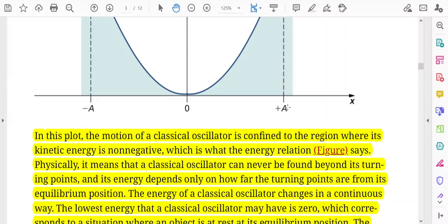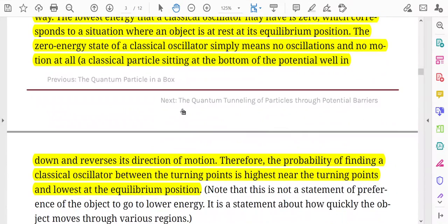So for this reason, the probability of finding the particle at the turning points is highest, and at the equilibrium position the probability of finding the object is lowest. So we have to keep in mind this fact.